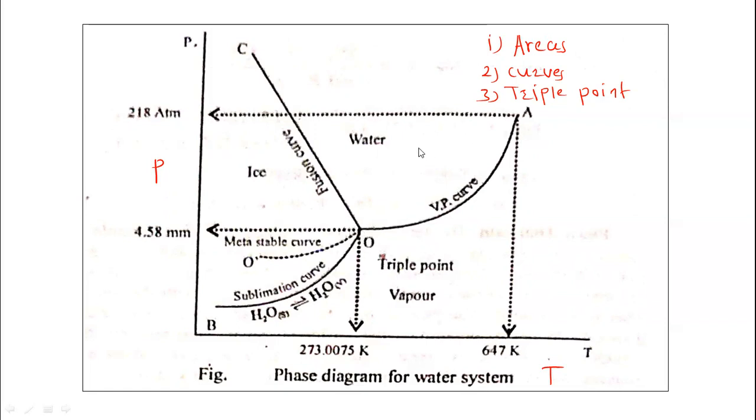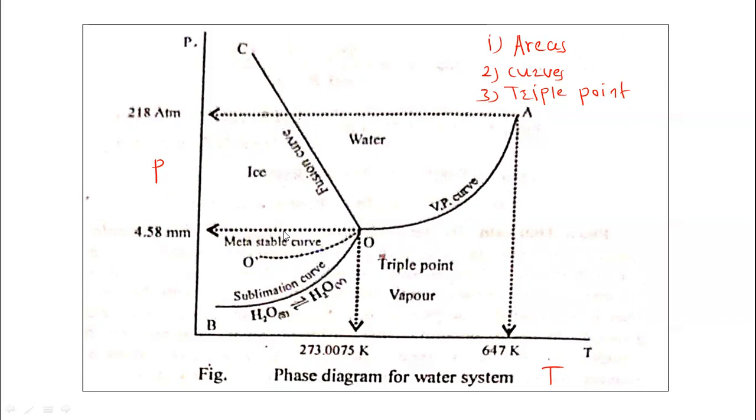This is the phase diagram of the water system. So let us study this phase diagram, the variation of pressure with respect to temperature. As we change the temperature or pressure, how the system changes can be studied with the help of this phase diagram.